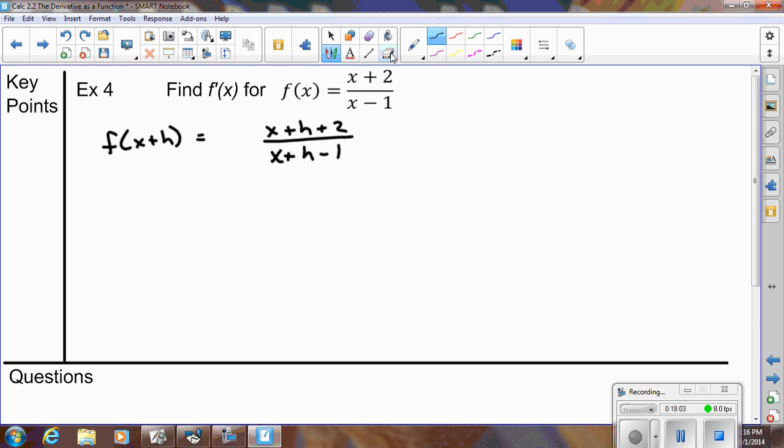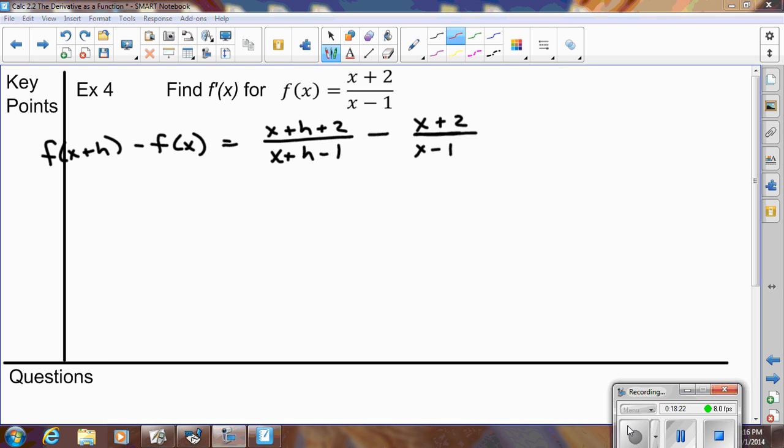Well, when we take f of x plus h minus f of x, we have this piece minus x plus 2 over x minus 1, which creates some fractions for us. In order to subtract the fractions, we are going to have a common denominator. So on the left, we are missing an x minus 1. And on the right, we're missing x plus h minus 1.